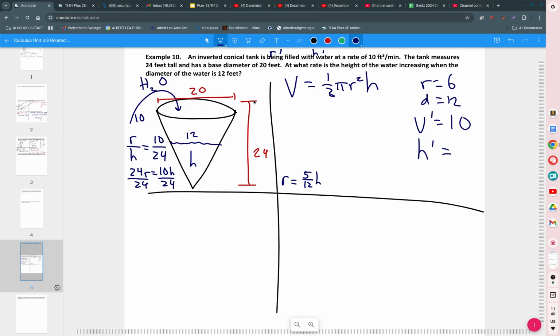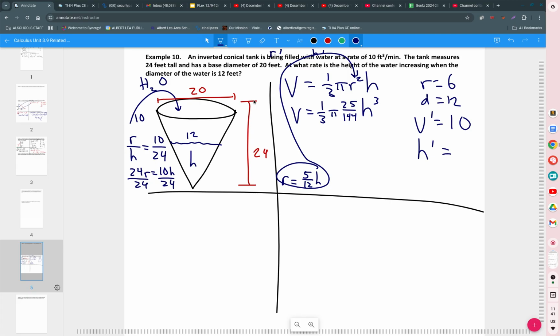Oh, so you can just plug that in? Now I drop that in here, exactly. Volume is 1/3 pi. I'm going to square that and get 25/144 H squared times H is H cubed.